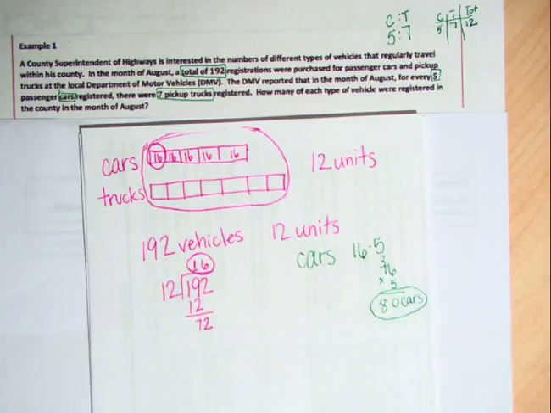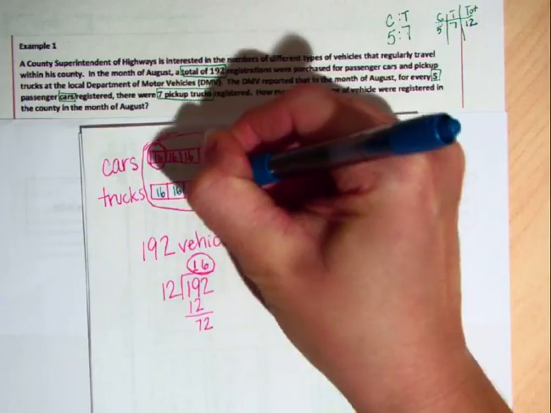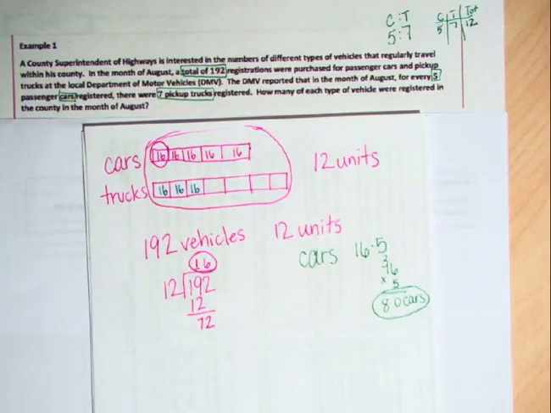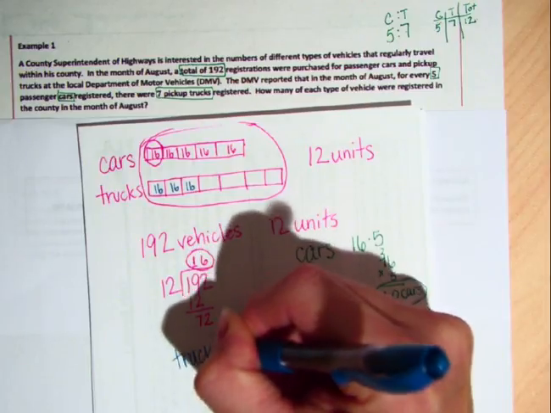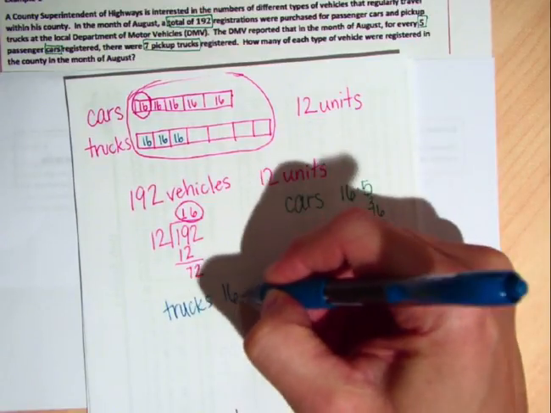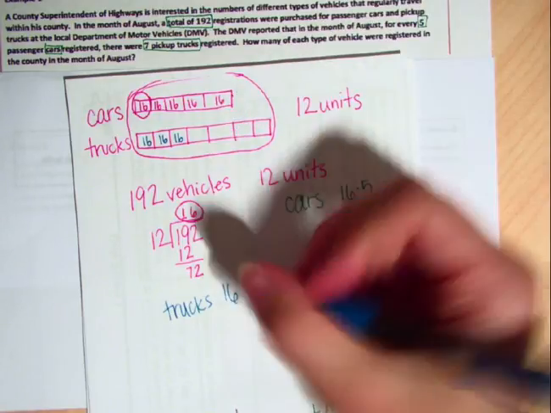And trucks. Let's look for trucks. We're going to use the same method, the same idea. There are 16 in each box. If there are 16 in each box, we can take 16. I'm going to put trucks down here. 16 times, we know there are 7 boxes.